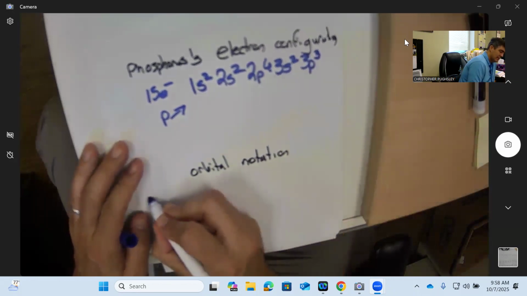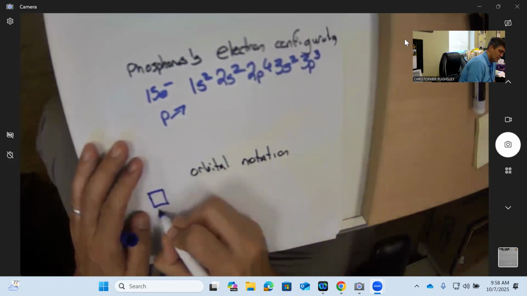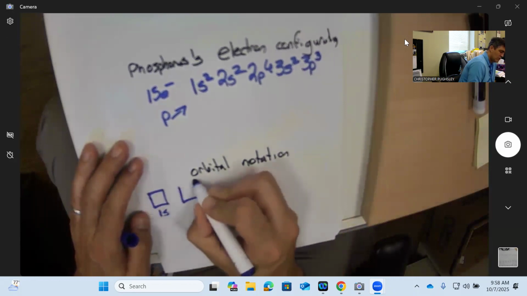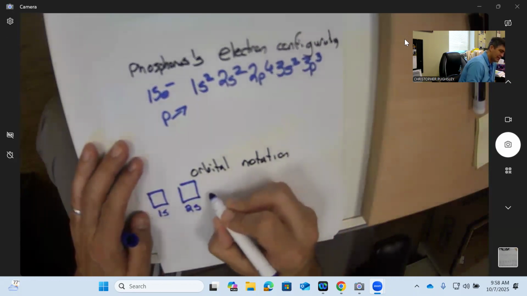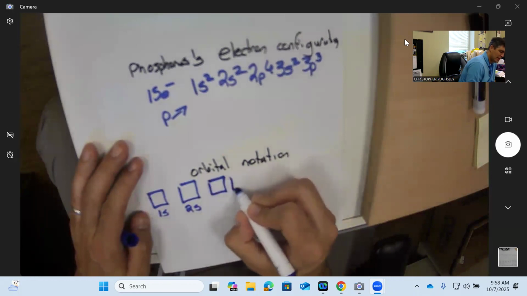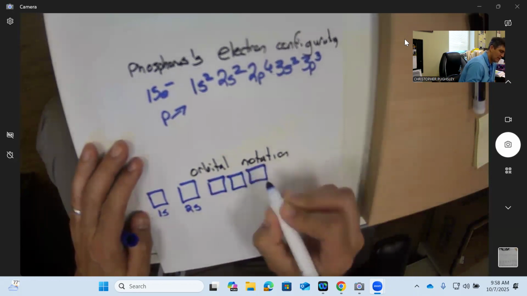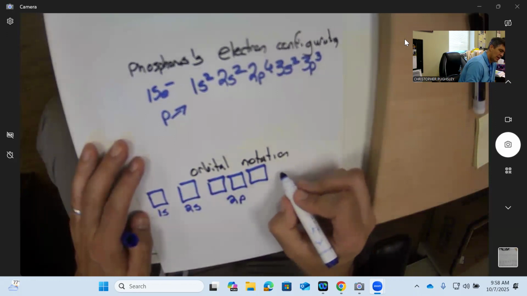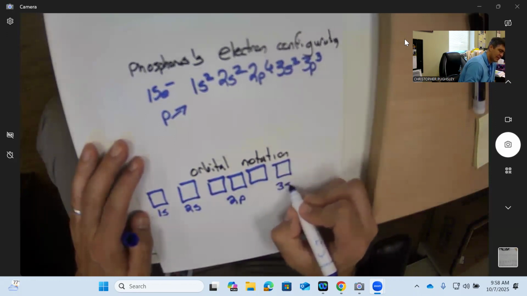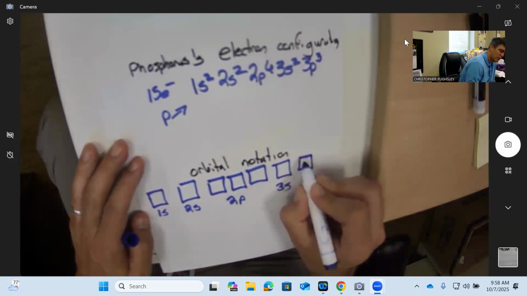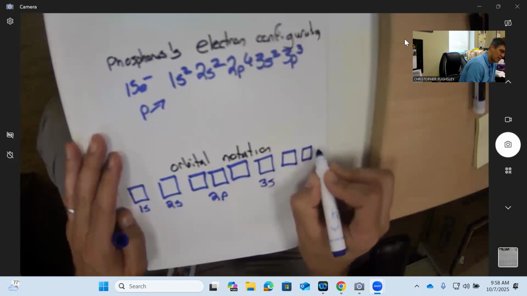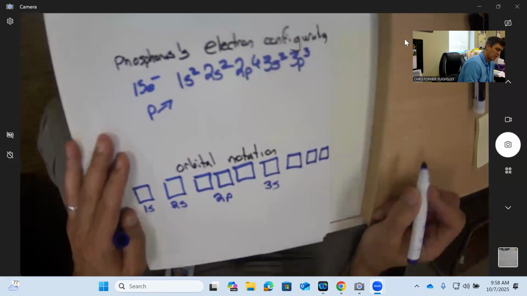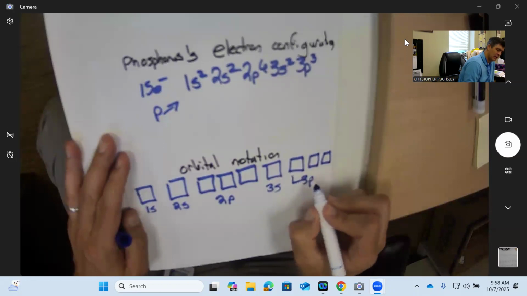Now the orbital notation. There's 1s, there's 2s, here is 2p, which is 3 orbitals for 2p. Then we have 3s, and then we have 3 orbitals for 3p.